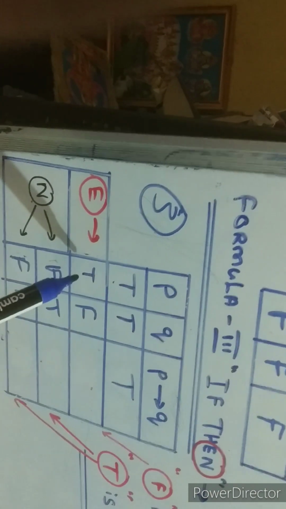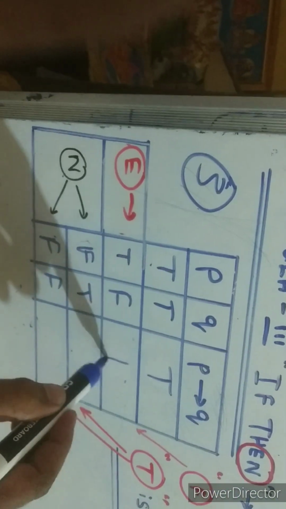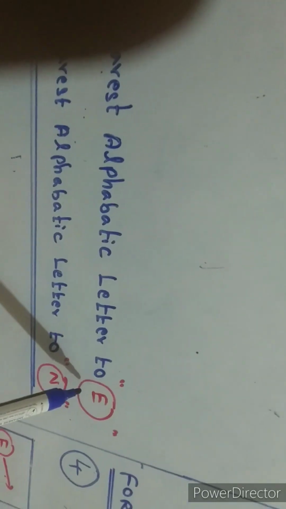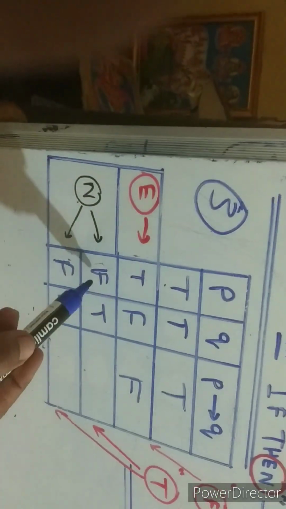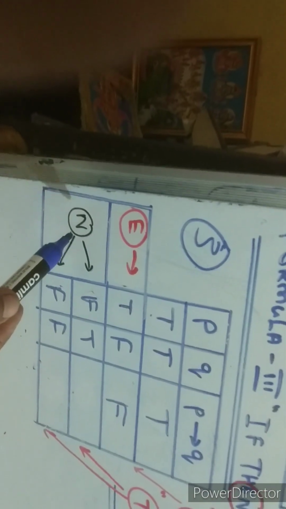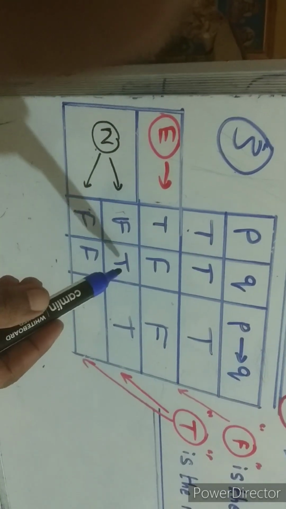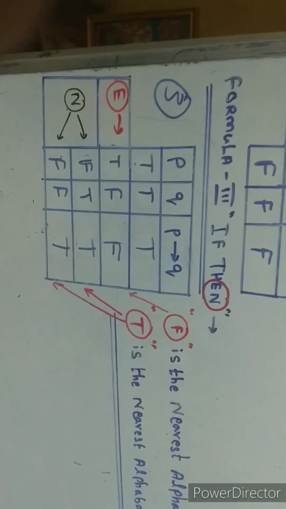E compared with T and F: F is the nearest alphabetic letter to E, so the final answer is F. And here N: T is the nearest alphabetic letter to N. F is the nearest alphabetic letter to E and T is the nearest to N. In the same way, compare with F and T: T is the nearest alphabetic letter to N, so the answer is T. Here compare with N: T only is the nearest alphabetic letter to N. So the if then formula is completed.